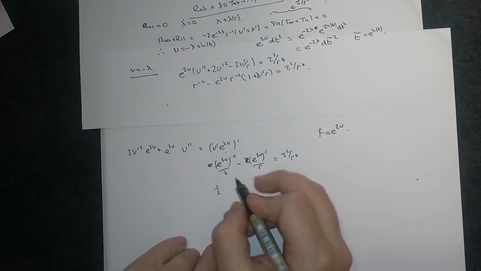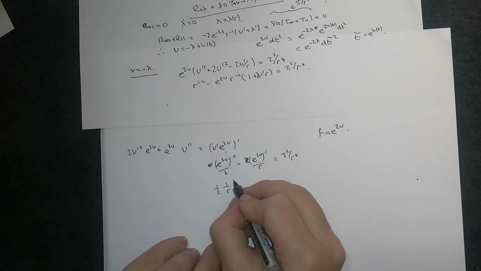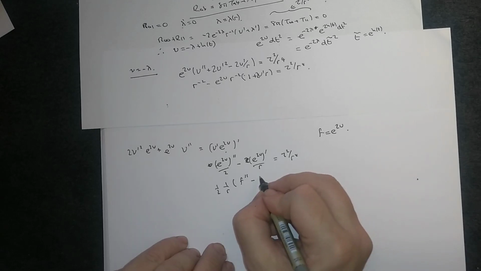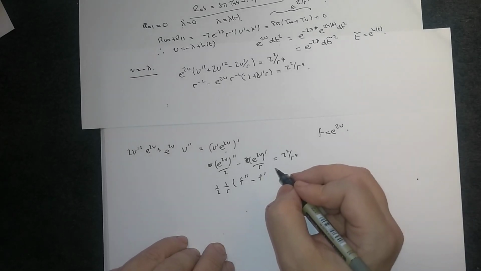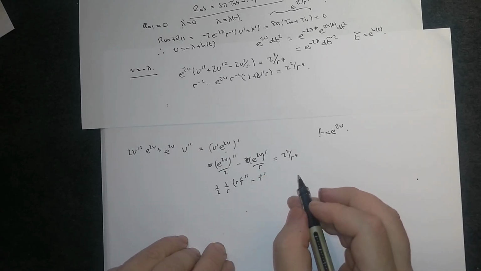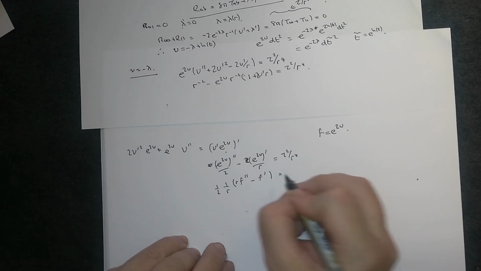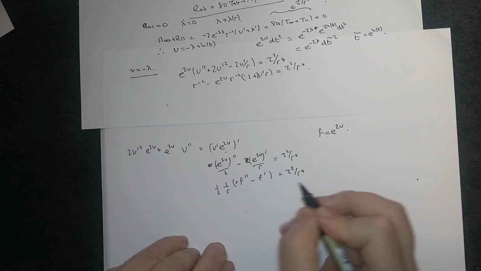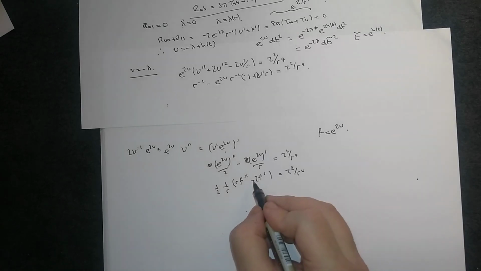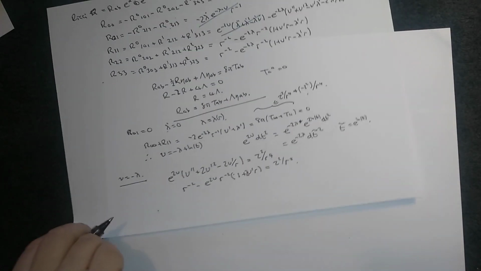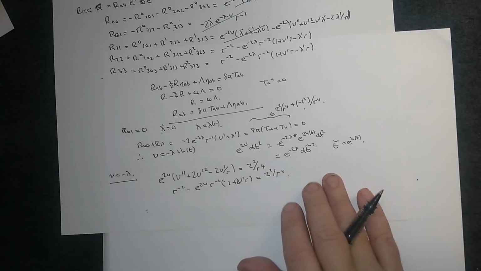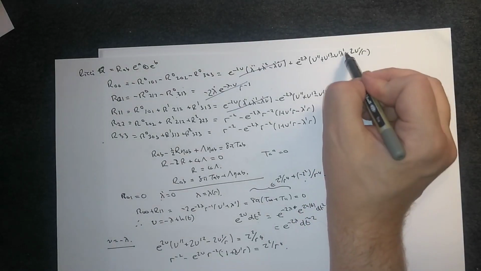So we have a half times 1 over r into f double primed minus f primed over r, equal to z squared over r to the 4, factor 2 there. Let's think about the sign. No, there was a sign error here, that should be a plus.